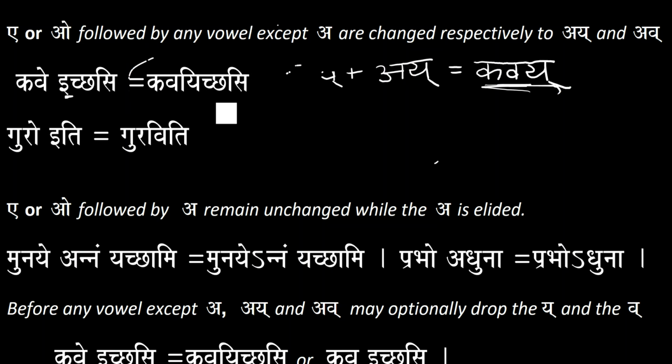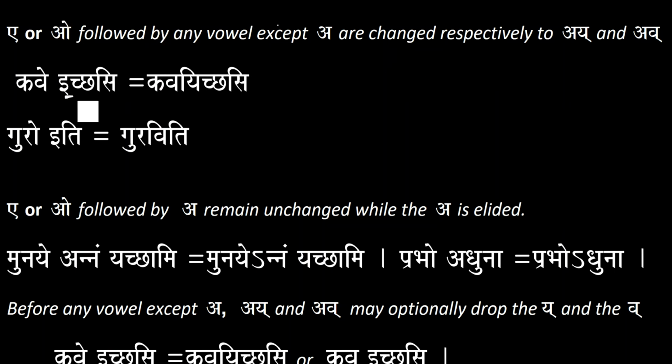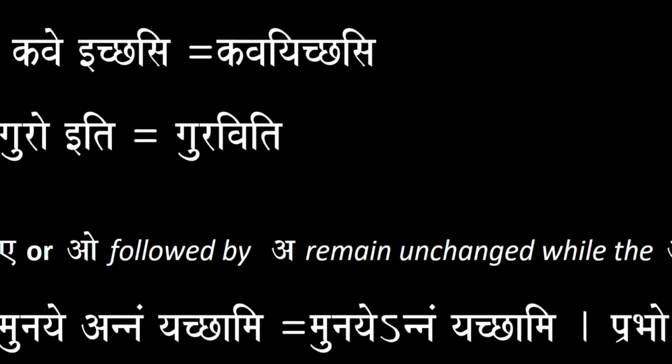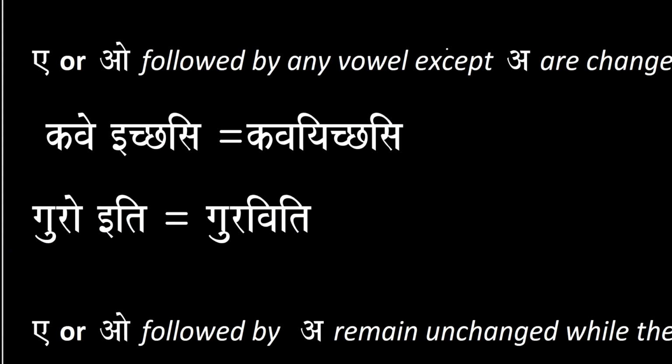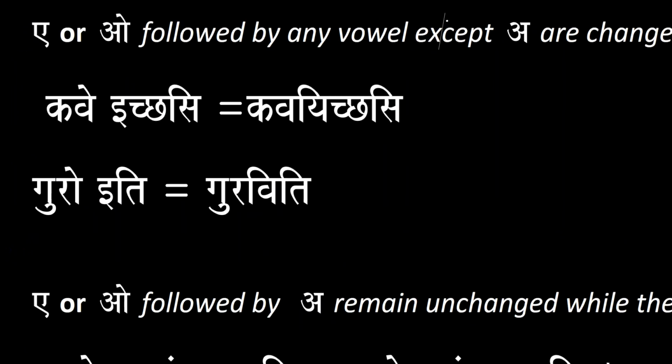Now, in the next example, we have guro iti becomes gurav iti. So an o is followed by any vowel except a. This is o. And this is iti. So guro is going to turn into gur with the halant.